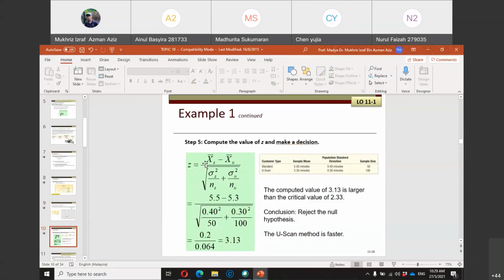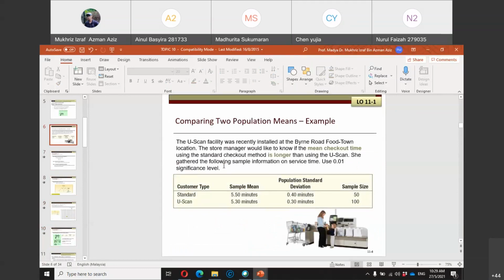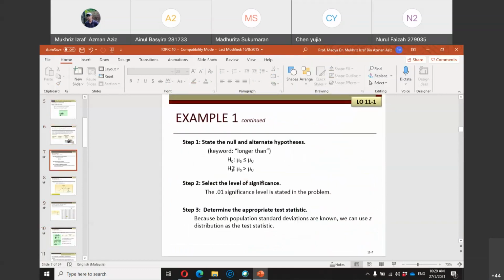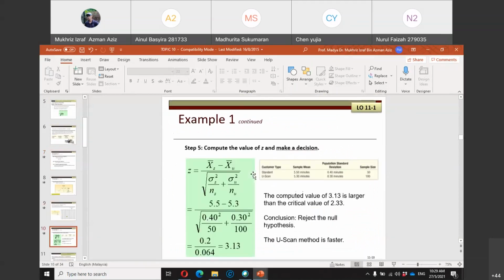So x bar s minus x bar u. You recall just now, because your H1 is constructed as mu s bigger than mu u, when you do the calculation it will be x bar s minus x bar u. That's what you see here. The order in which it appeared in your H1 must be followed in your calculation as well.